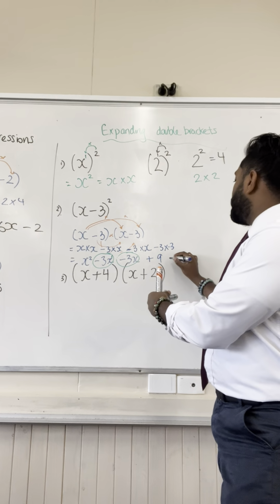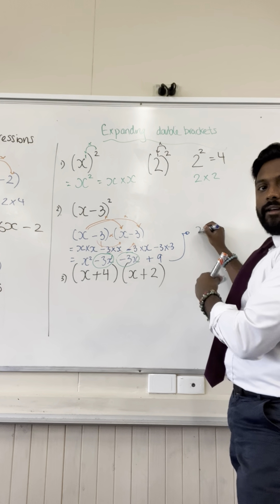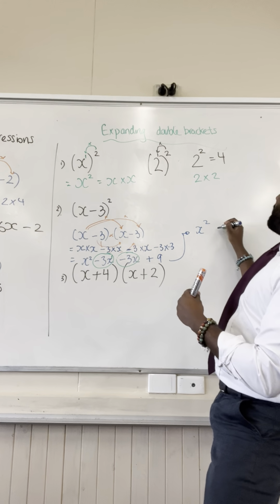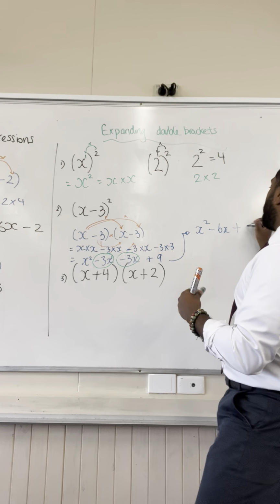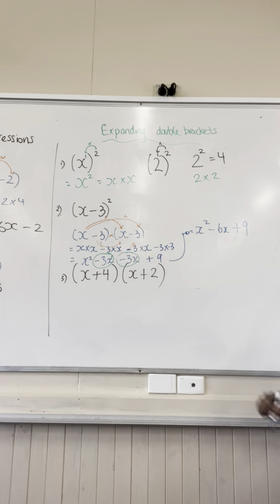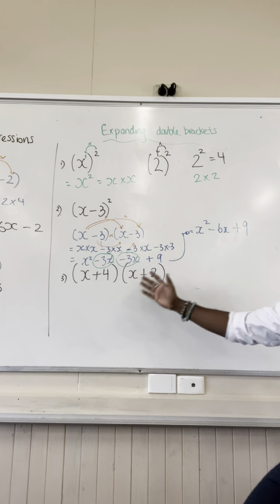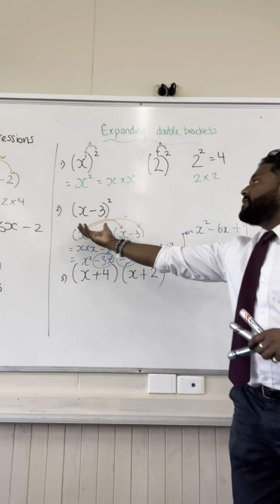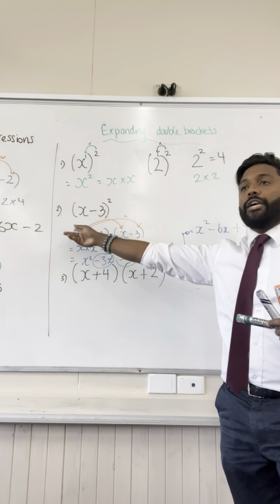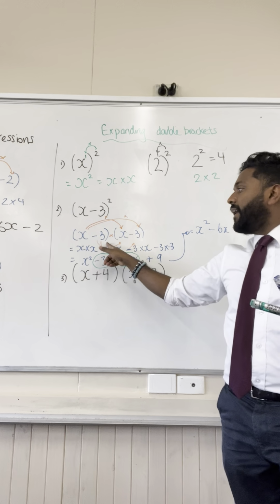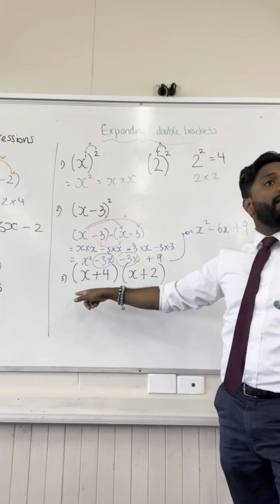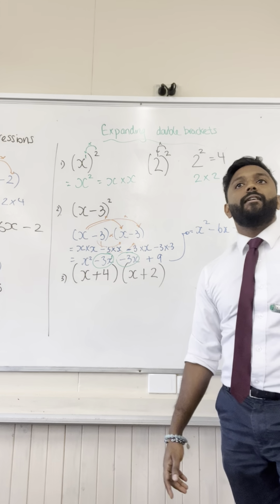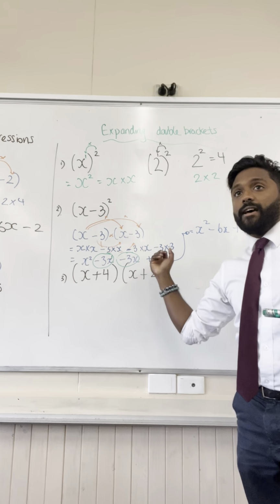So now you're left with x squared minus 6x plus 9. And you put an equal sign. That's it. You can't add the 9 with this. You can't simplify this anymore. Same thing goes for this. This is a much harder question because you've got to do this step and then afterwards you've got to work it out. Here, you just need to multiply it. Okay, so I'm going to let you guys have a go at this.